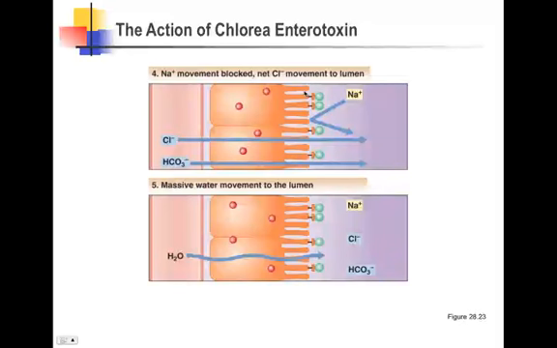So what happens is cyclic AMP builds up in these cells and blocks uptake of sodium.